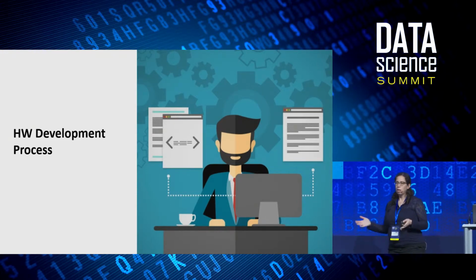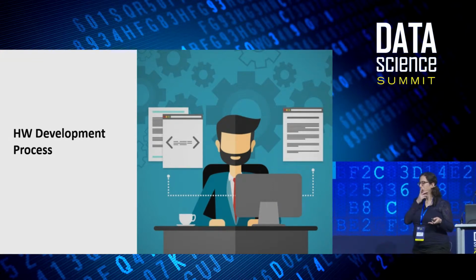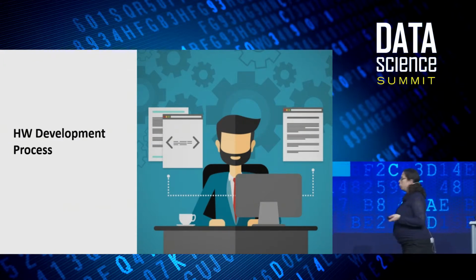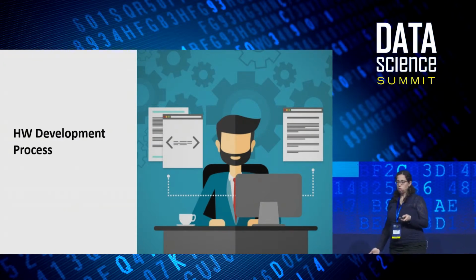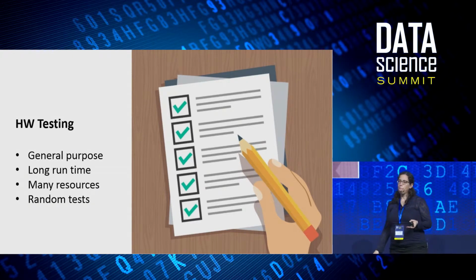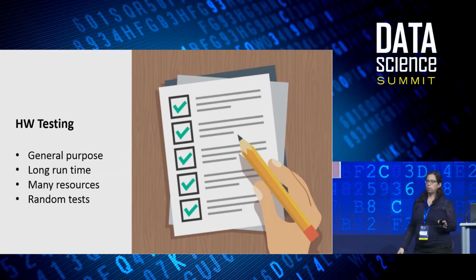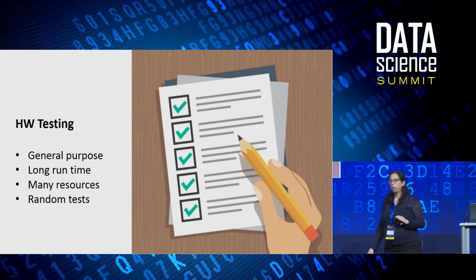So today, you need to write a new feature in the area of power management. He starts working very quickly, and he finishes the feature, and now he needs to check his code. You have testing like in any other development process, but hardware testing is a bit different from software.